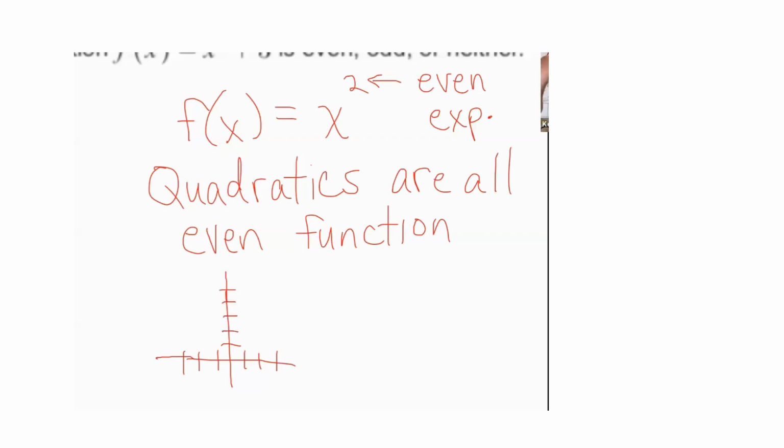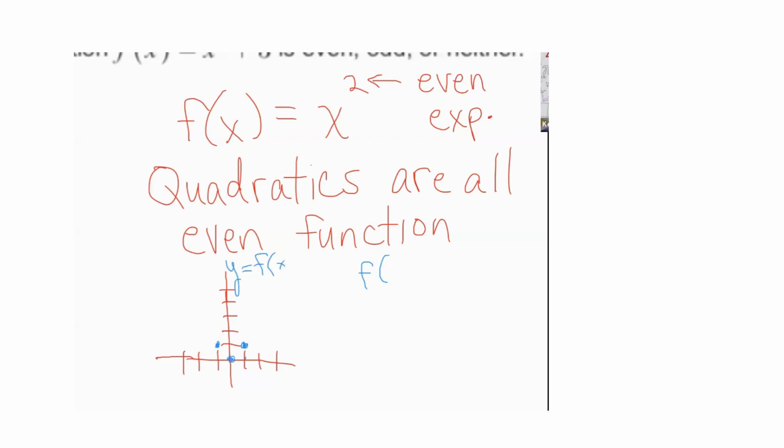In this case, we've got f of x equals x squared, so we'll have it like this. Now if I go out here to positive 1, I get positive 1. If I go out here to negative 1, I get positive 1. Remember that y is the same as f of x.